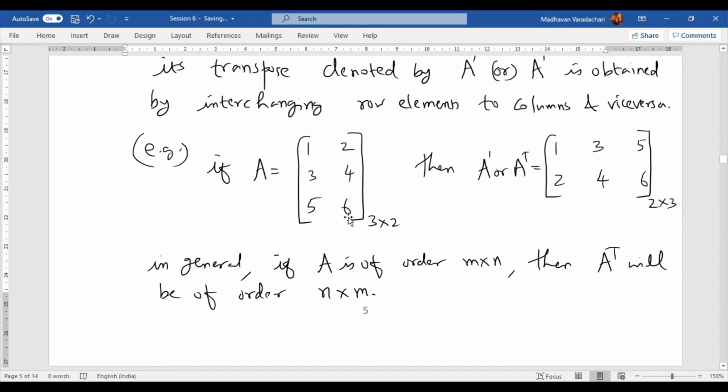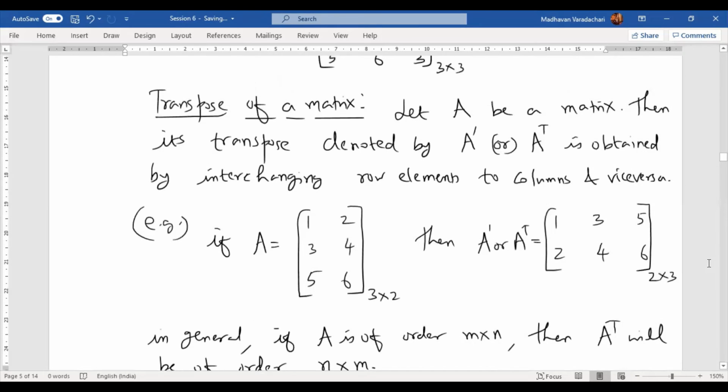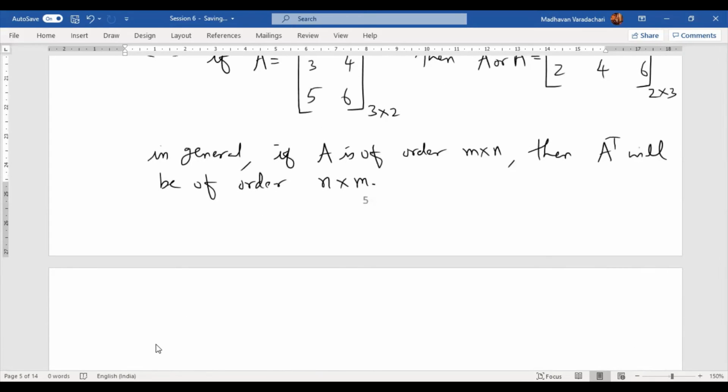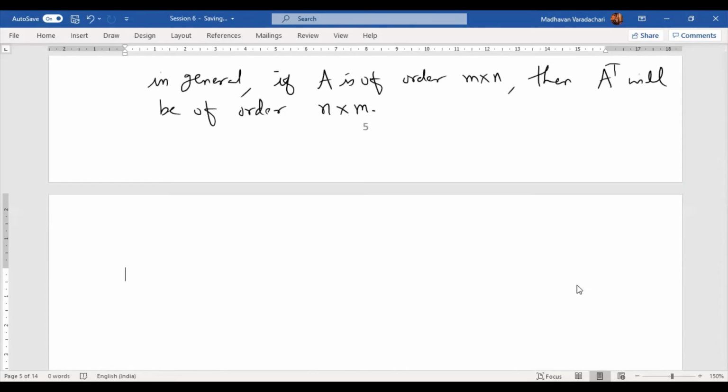Exactly, it will become opposite, the order. That is your definition of transpose. Now, based on the understanding of transpose, we have some more types of matrix. First one is called as symmetric matrix.